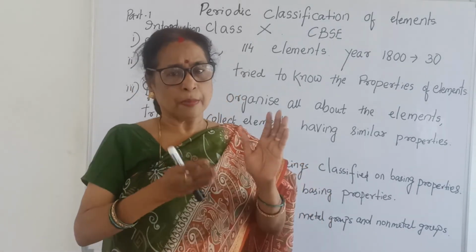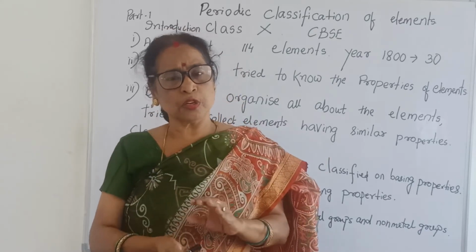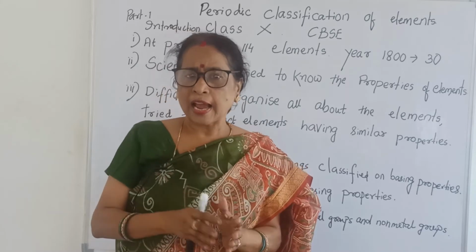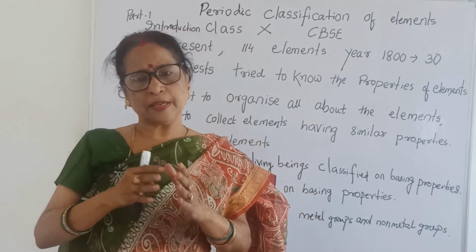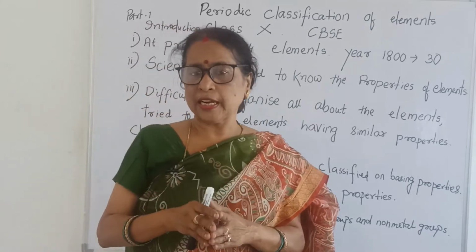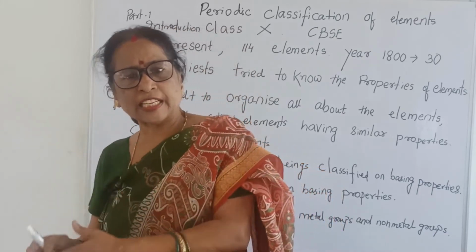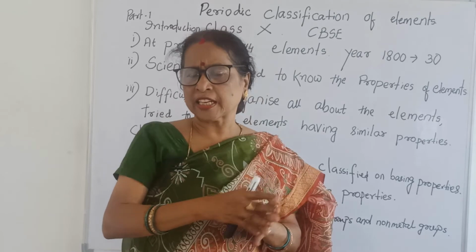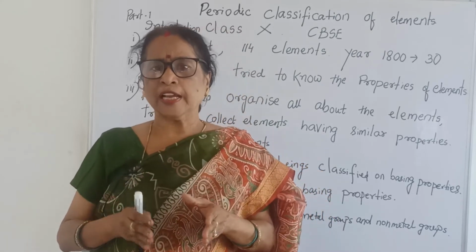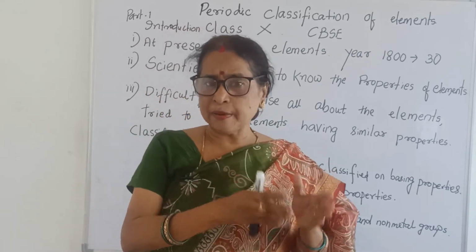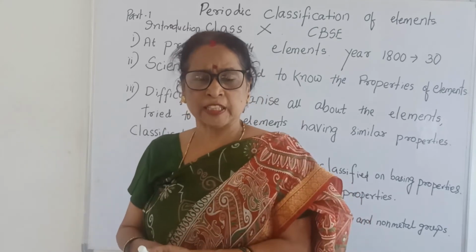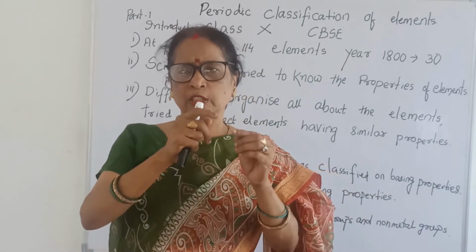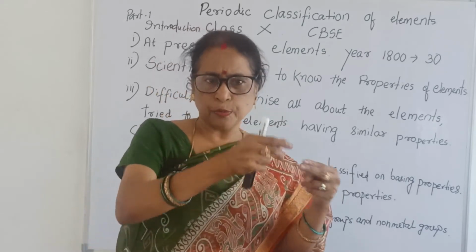Just now I told you potassium dissolves in water, and sodium also dissolves in water. Similarly, gold is a metal and silver is a metal. That means the metallic characteristic is the same, and with water the characteristic is similar. That is why they collected all the elements having similar physical and chemical properties. Suppose two elements are the same in nature, they put them in one group.